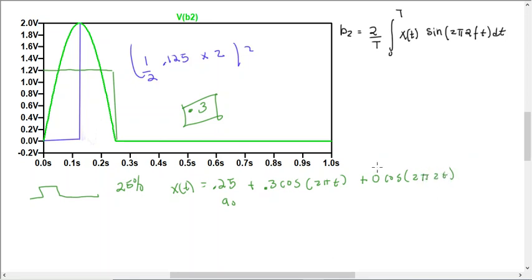Remember, a2 equaled 0. Right? Plus b1, which was 0.3 sine 2 pi t, plus 0.3 sine 2 pi second harmonic, right? And then these would go outwards.